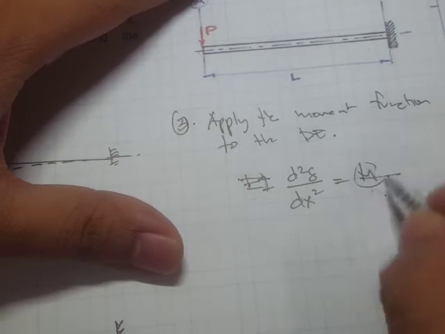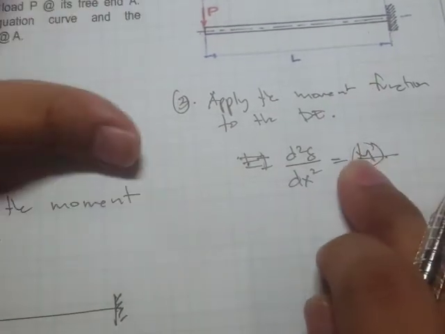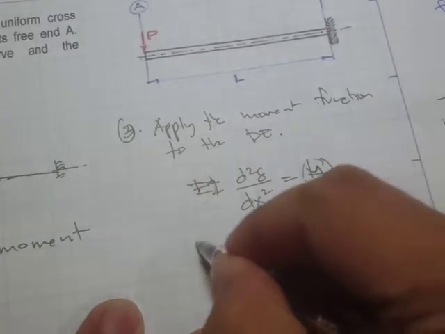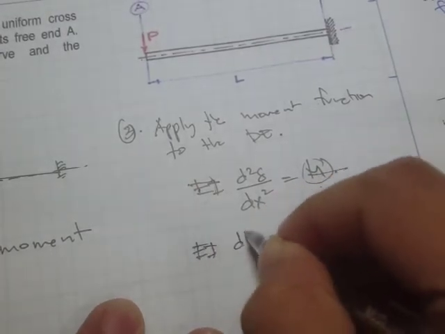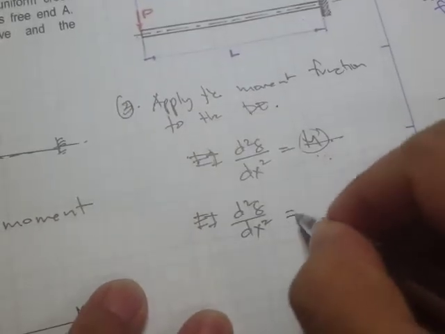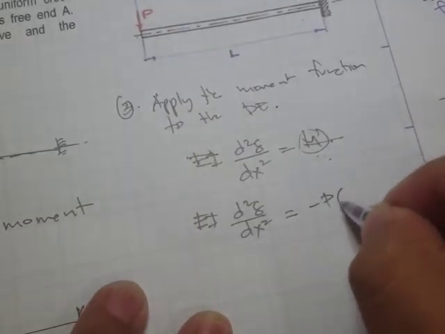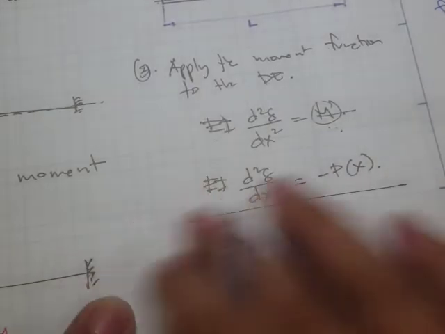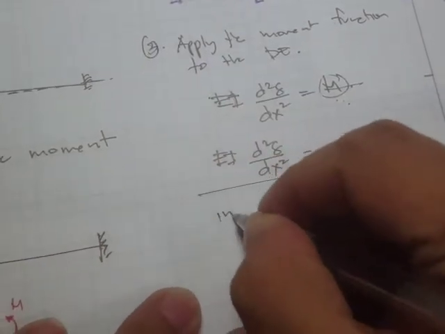So here's our moment function, and we substitute the value of M, this negative P times x, to this. That means EI times the second derivative of deflection is just equal to negative P times x. So here's now our differential equation, and therefore let's integrate both sides.